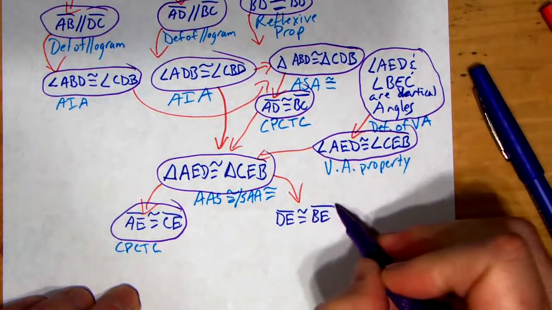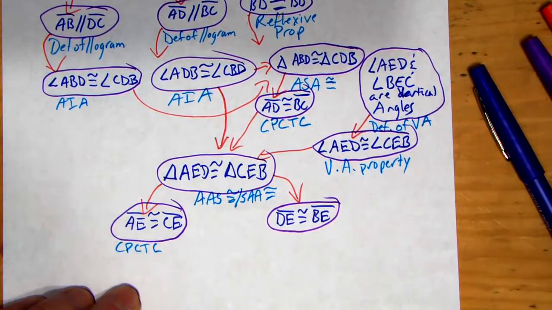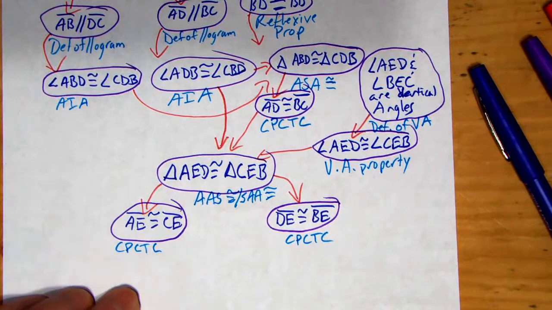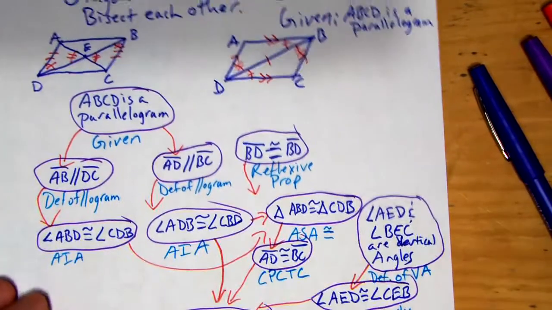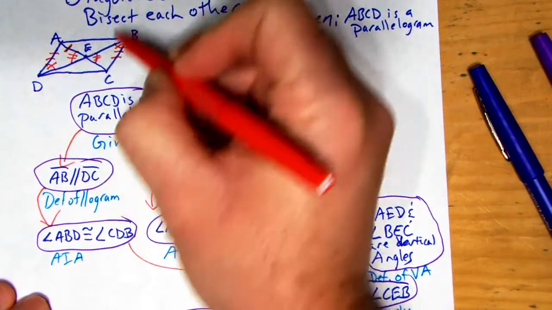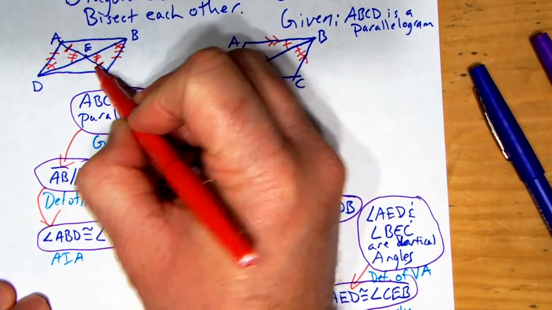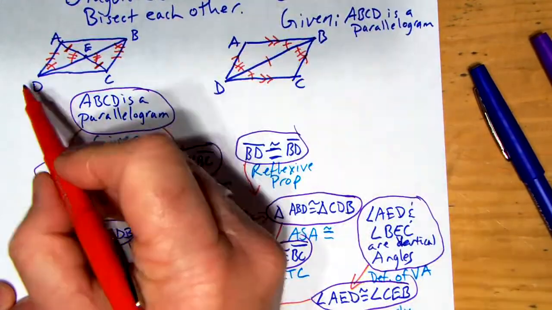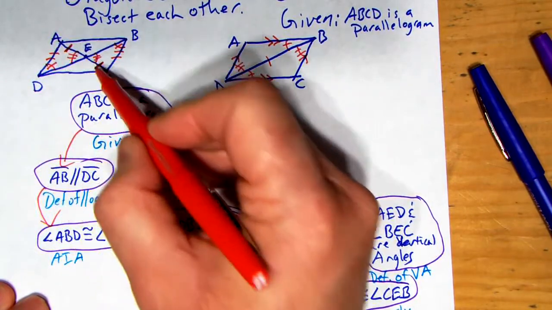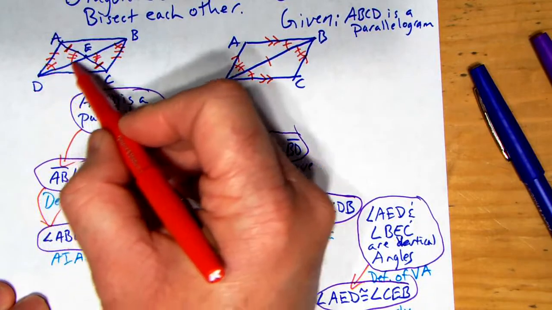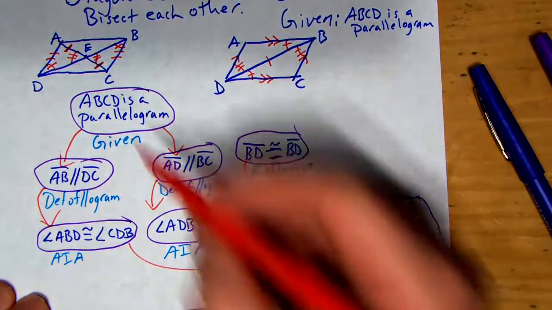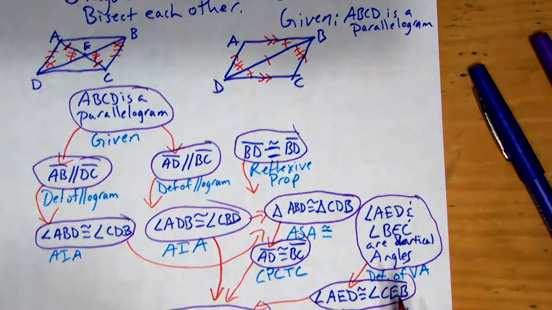The same CPCTC all over again. And so now I'm going to pull us back to the picture for a second. We just said that AE is congruent to EC. If those two pieces are congruent, then the line that cuts through that segment and breaks them into two congruent parts is a bisector. So DB is bisecting AC because it cuts it into two congruent parts.